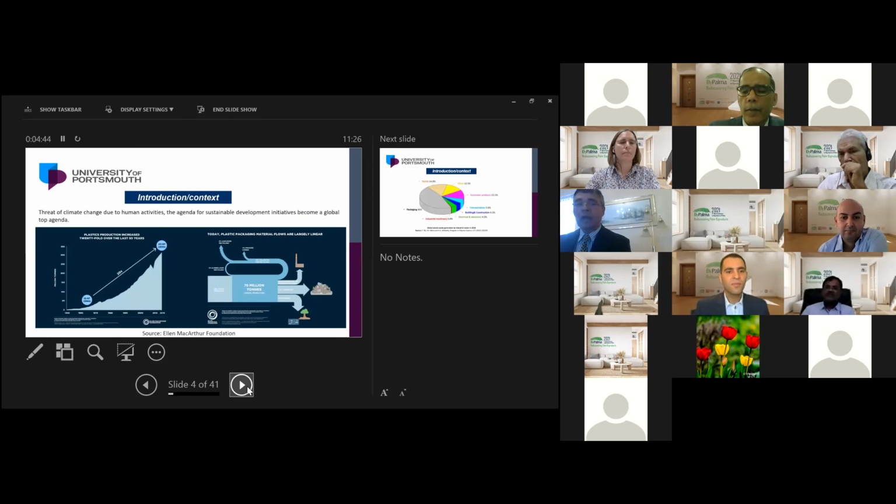So I'm just putting the context. The threat of climate change due to human activities, the agenda for sustainable development is set to become a global top agenda. If we look at this slide, plastic production has gone up 20-fold over the last 50 years, from 15 million tons in 1964 to 311 million tons in 2014.